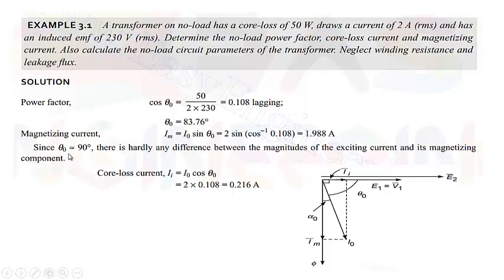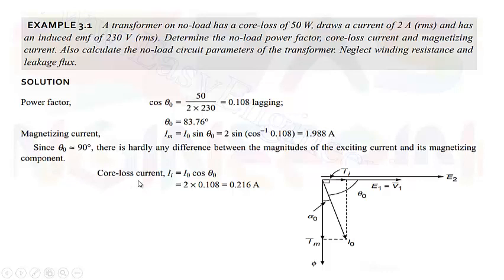You can see theta naught is very close to 90 degrees. There is hardly any difference between the magnitude of the exciting current and the magnetizing component. Exciting current is 2 amperes and the magnetizing component is 1.988 amperes. So as I have told you earlier, sometimes we can take the magnetizing current to be equal to the exciting current as well.